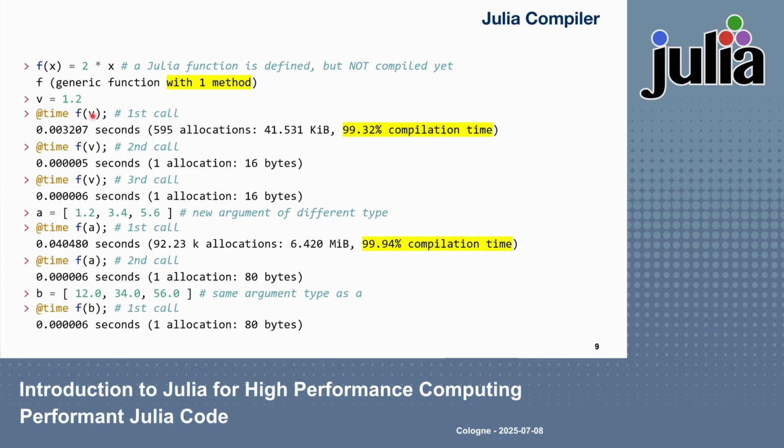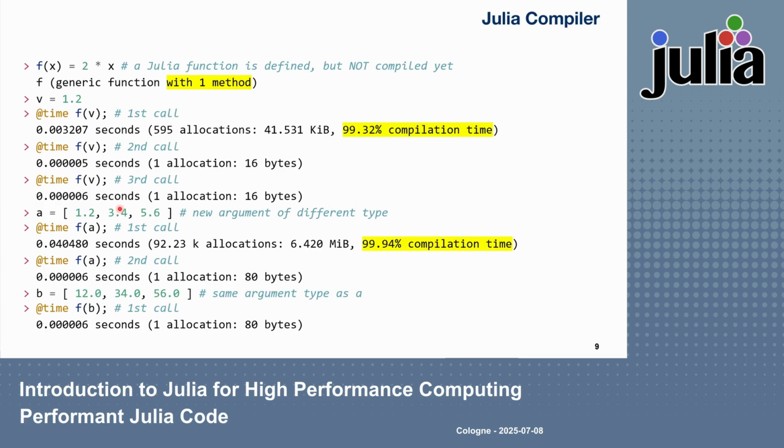But if you call this function again, as you can see, the second call and also the third call take almost no time. They finish instantly. And as you know from this morning's session, in Julia you can pass not only a single scalar, you can also pass an array into this function, because 2 times an array, let's say a vector, is still valid.